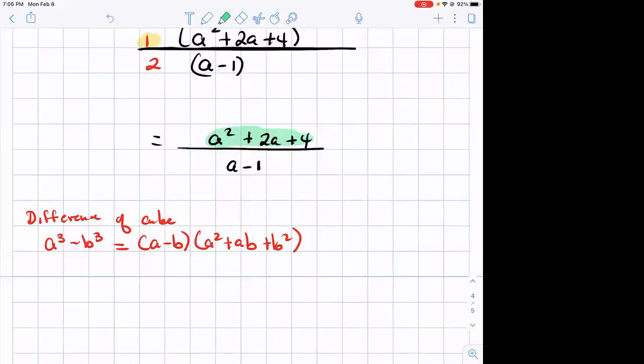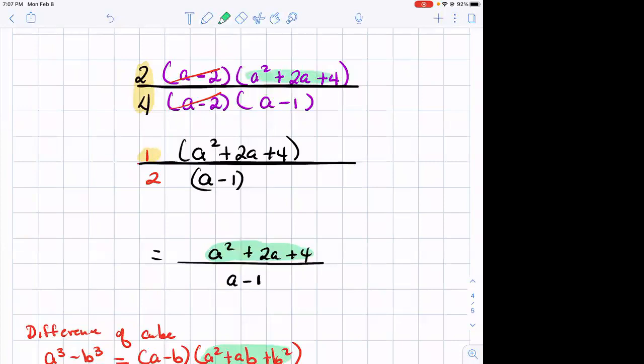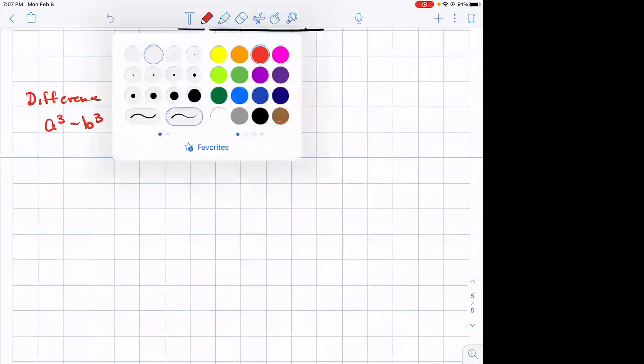And notice that this here is a quadratic, and that quadratic is a prime polynomial, which means that you wouldn't be able to factor it. It cannot be factored. It's a prime polynomial. So you may want to look back at the difference of cube and the sum of cube. That's how I am getting this information here. That's where I'm getting it from. Now let's look at another example.